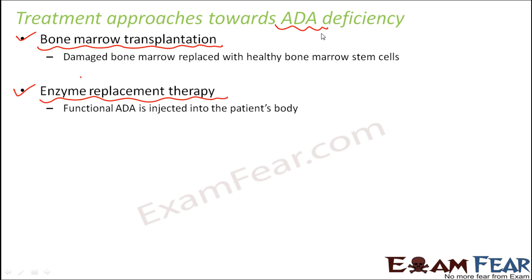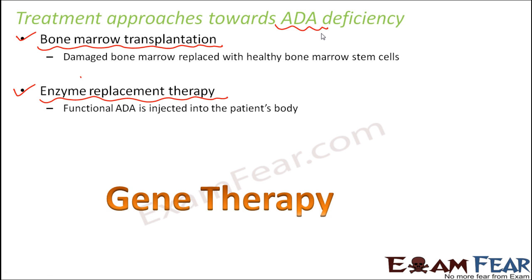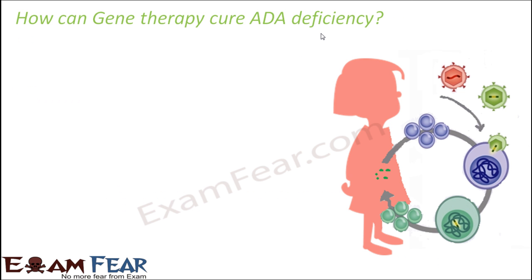So only if we treat it at a genetic level, there can be a permanent cure to ADA deficiency. And that is where gene therapy comes in. Gene therapy will actually try to replace the gene so that it becomes a permanent cure over a period of time. So let us see how gene therapy can cure ADA deficiency.